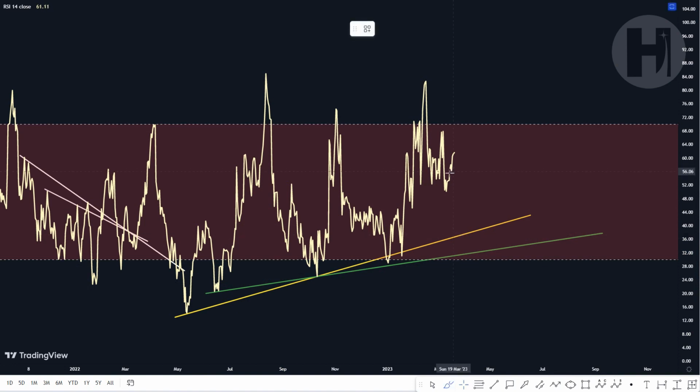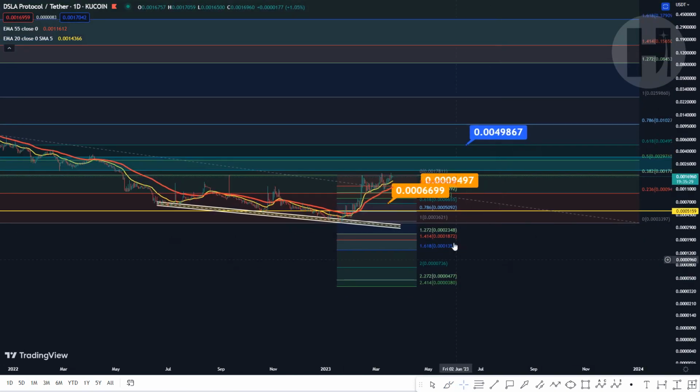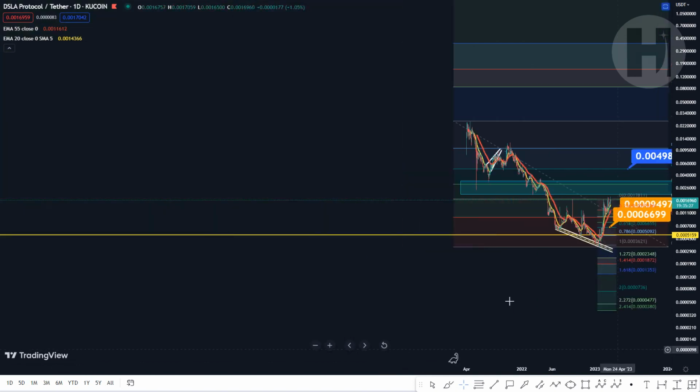So be on the lookout for that. We might actually come back down, retest the yellow support trend line, have a little bounce and break below, and retest the green support trend line. So once you see the price reaching toward these trend lines, feel free to dollar cost average, but that's not financial advice, obviously. So all in all, that's pretty much everything that I have.